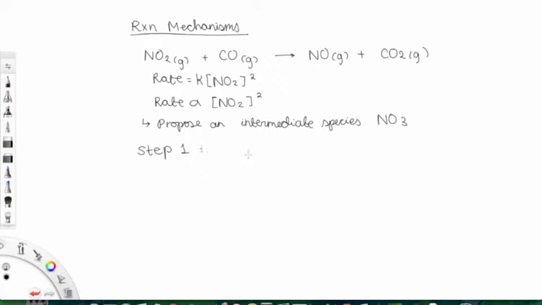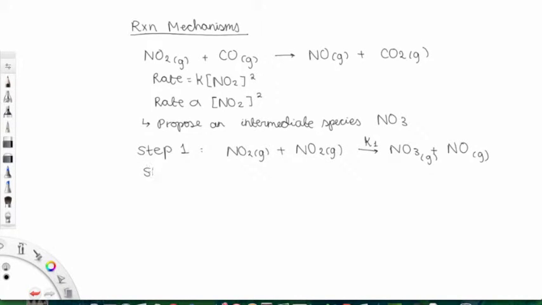Step 1, NO2 plus NO2. Like we said before, since it's an order of 2, it most likely involves 2 NO2 molecules colliding together in the first step. And this forms NO3 plus NO. And this is given the rate constant K1.